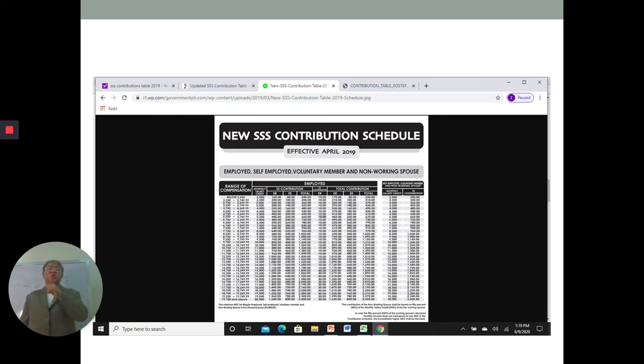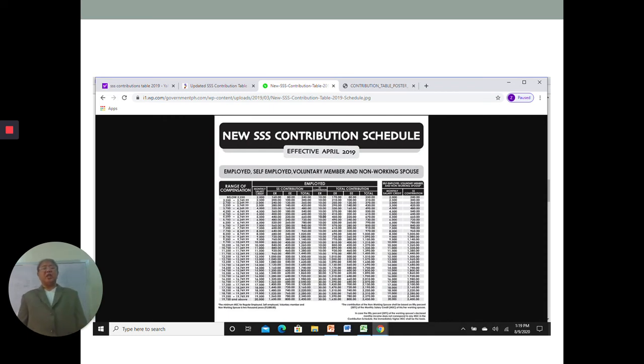Okay, so upon retirement, again, you will receive pension from SSS, and that is contributed by you and by your employer. Okay, if you look at the table, there's a salary range. So it depends on the amount of salary of the employee. The contribution of the employee and the employer would be dependent on the salary level of the staff.